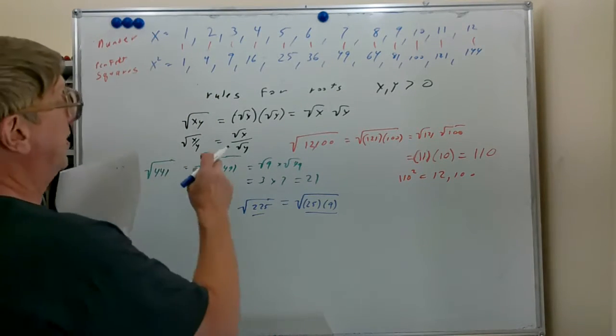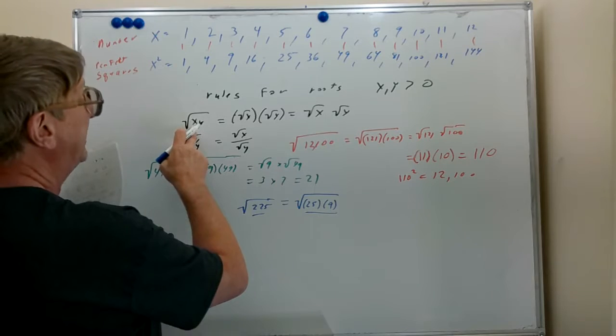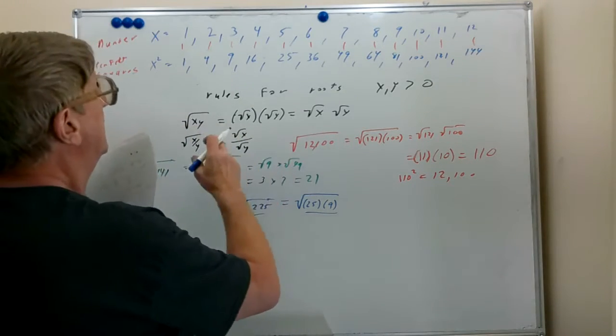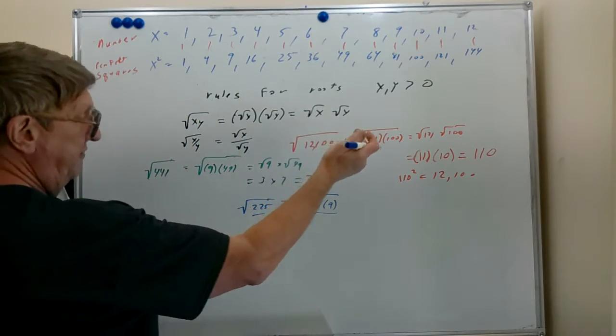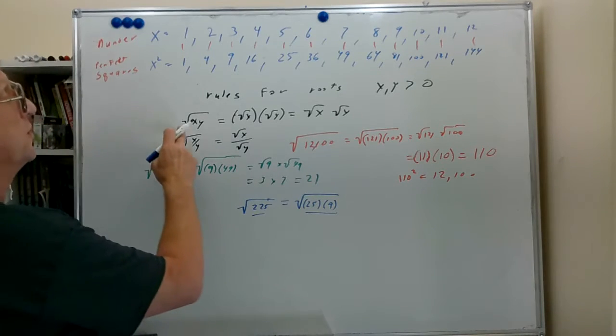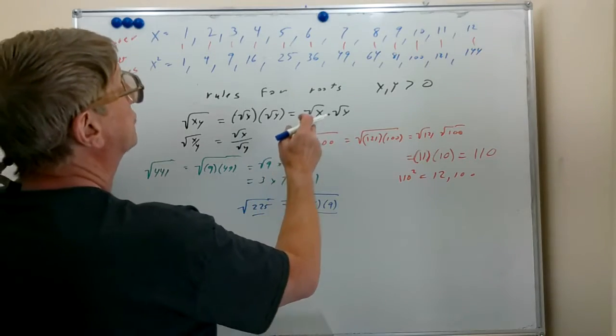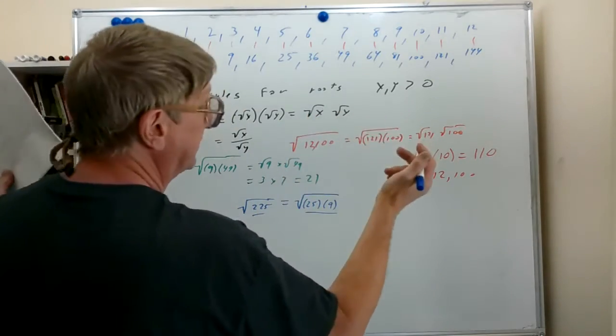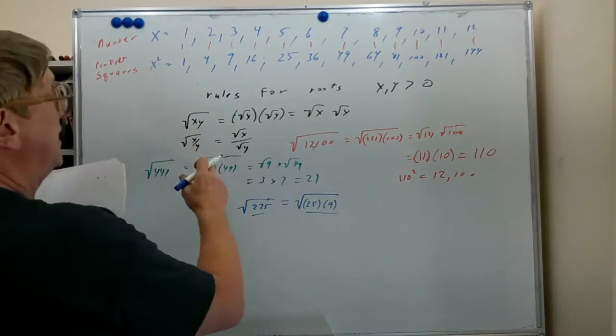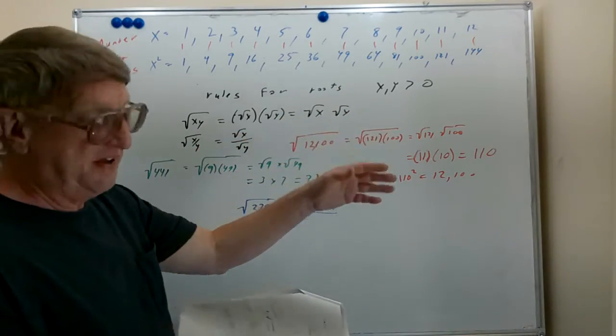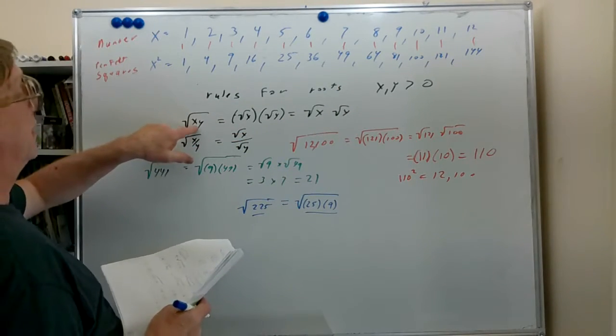But now we know that the square root of the product of these factors is equal to the product of the square roots of the factors. The square root of a product, xy is a product, is equal to the product of the square roots of the factors. There you've got a product.